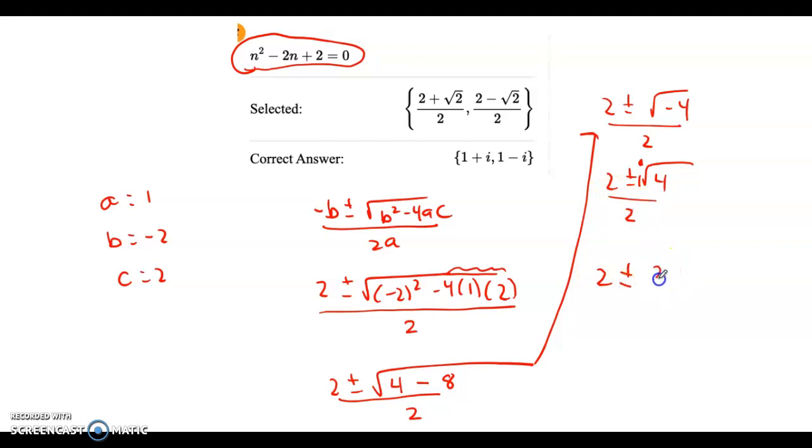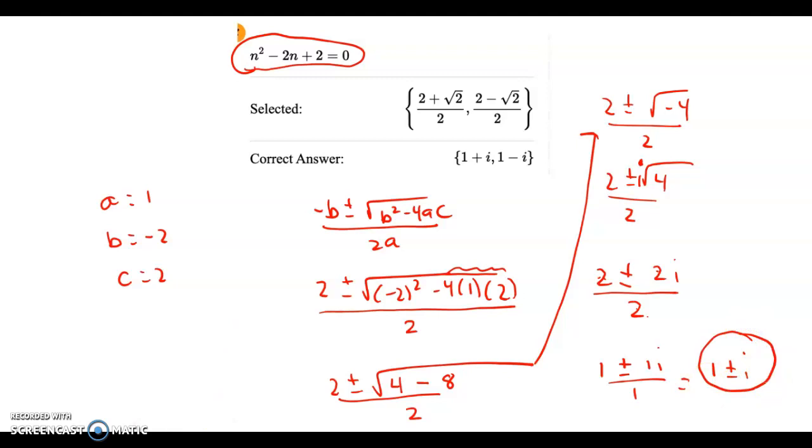So you're going to have plus or minus 2i. The radical disappears because we have all perfect squares inside. And if you can divide all three of these by the same number, then you do so to simplify. You can divide all by 2. So it's 1 plus or minus 1i, just so you can see it better, over 1. Anything over 1 is itself, so it's just 1 plus or minus i.